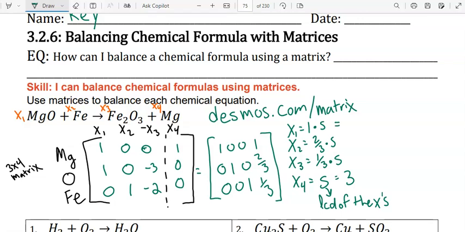So once we do that, we'll evaluate each. So 3 times 1, you get 3, you get 2, 1, and then this is 3.